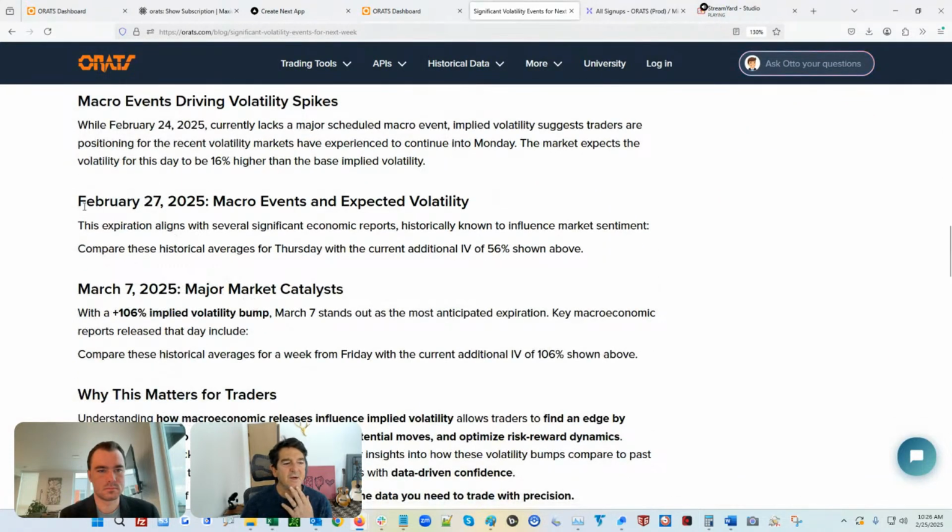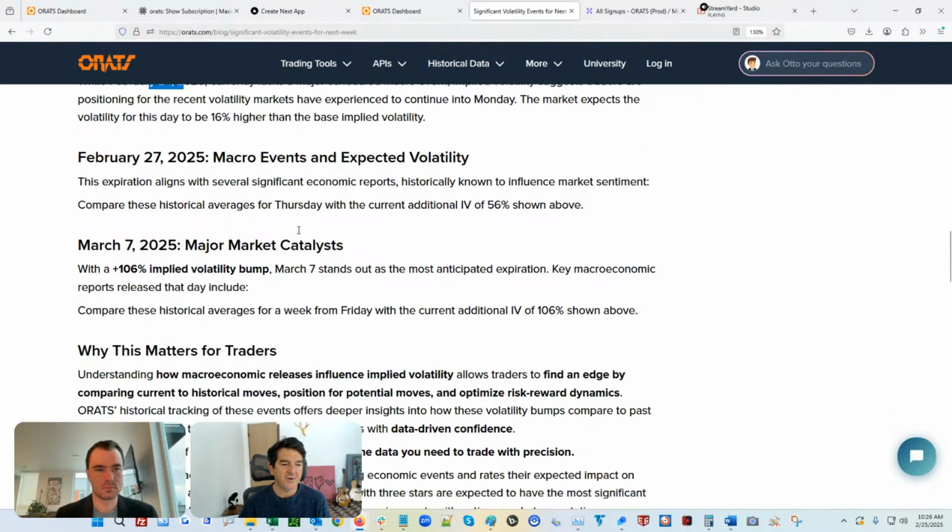So what we're saying is, over the weekend, we said February 27th has a high implied volatility. And that's because we thought there are several significant things coming that day. There wasn't really anything on the 24th. That was yesterday. That was just a continuation of market volatility.